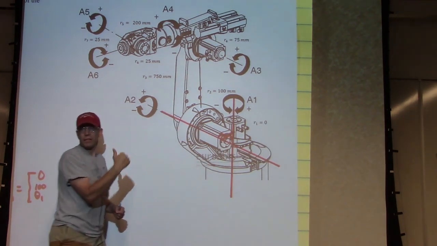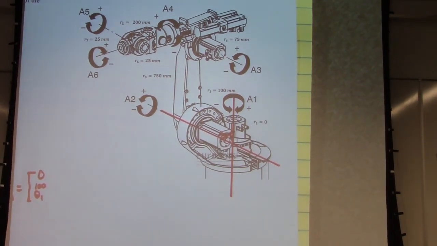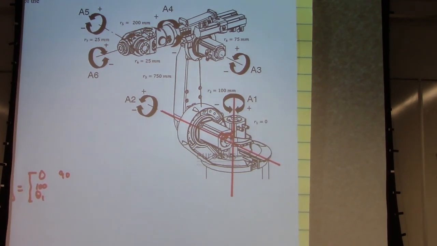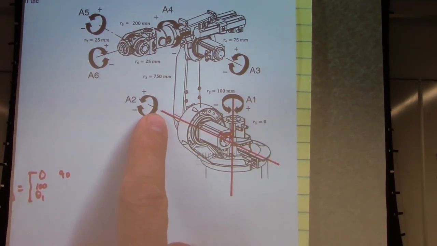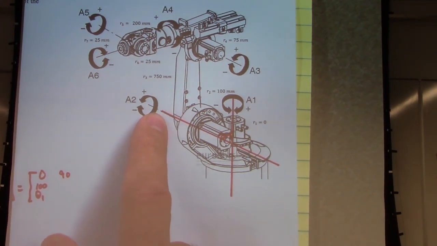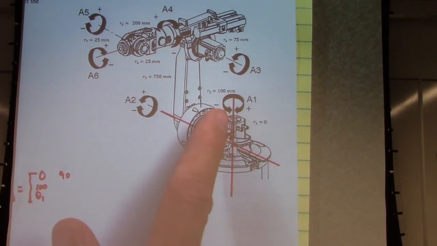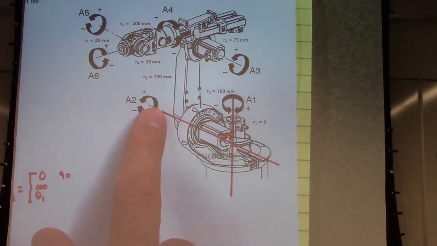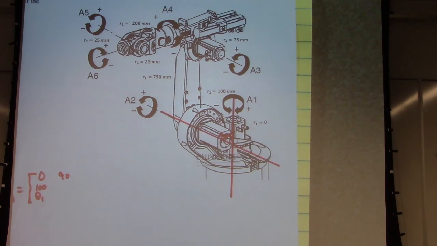That makes sense? So we're rotating a positive 90 degrees in order to get the z-axis on A1 aligned to A2. That makes sense? Okay. And now, how much offset do we have?